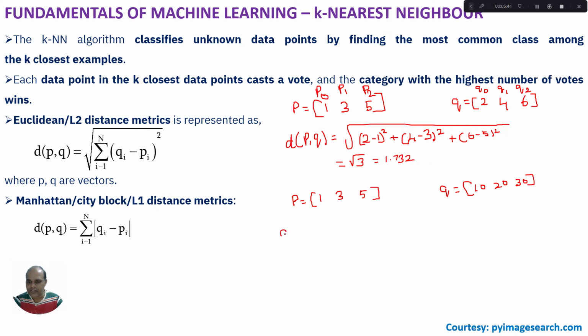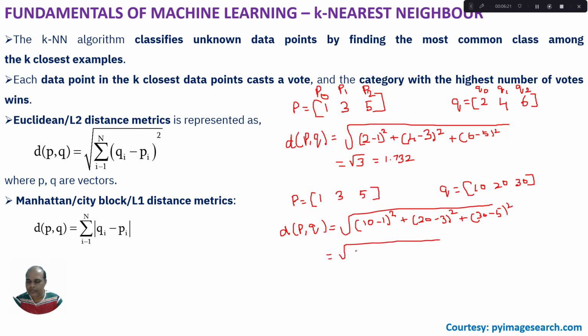Let us compute the distance between these two vectors. d(p, q) equals the root of, doing a similar procedure, (10 minus 1) squared plus (20 minus 3) squared plus (30 minus 5) squared, which is equal to the root of 9 squared plus 17 squared plus 25 squared. Let us compute this.